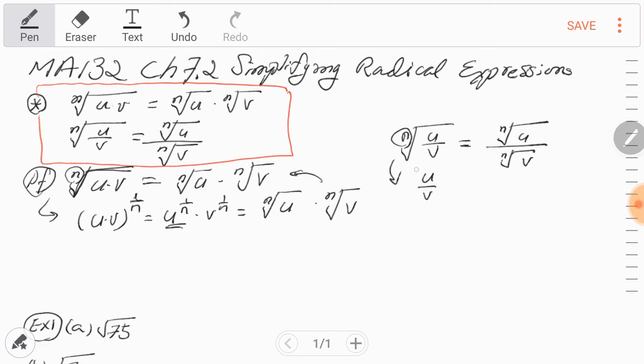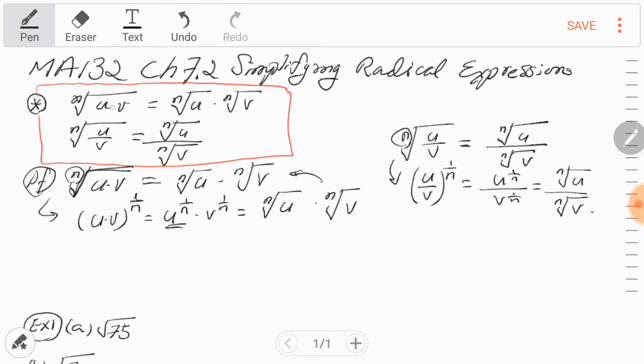The radicand is u over v, so we make the power 1 over n. Then distribute the exponent to the numerator and the denominator: u to the 1 over n over v to the 1 over n. Since the denominator of the exponent is n, we can make it the nth root: nth root of u over nth root of v.